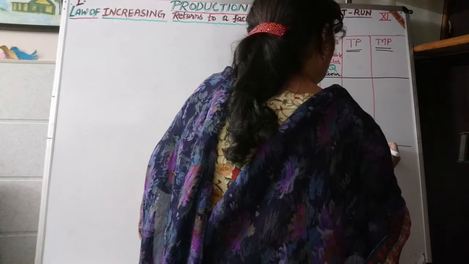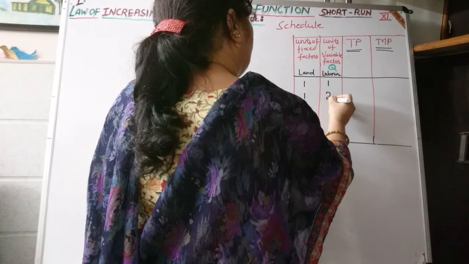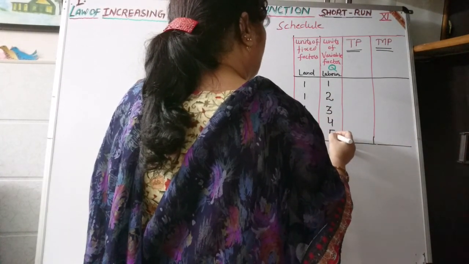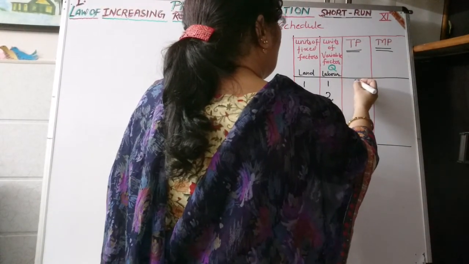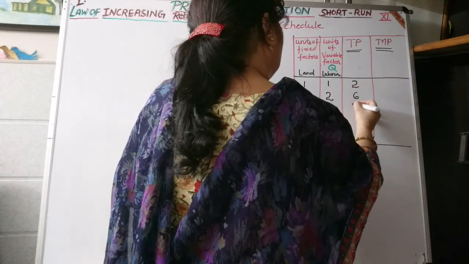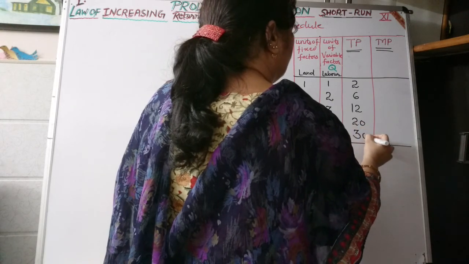The fixed factor, we are assuming land, is fixed, and as units of output increase, labor will also increase. Then I am writing down the values of total production: first 2, then 6, 12, 20, and the last one is 30.